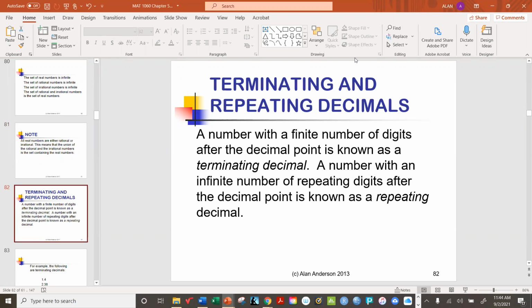When we have a number that has a fractional component, which means it's not an integer, if you look at the digits after the decimal point, in many cases there's a finite number of digits that come after the decimal. A number like this is referred to as a terminating decimal because there's only a finite number of digits after the decimal point.